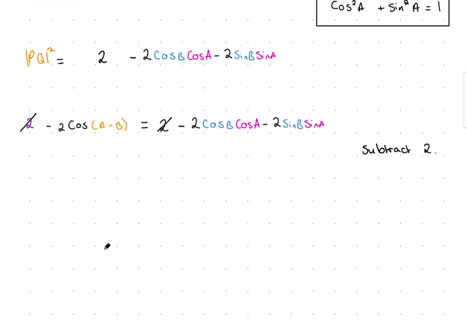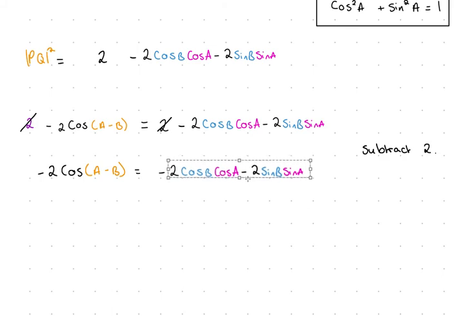What I'll be left with when I've done that then is minus 2 cos of A minus B, that's going to be equal to minus 2 cos B cos A. So I'm going to be left with this part. Now, we're really close to the end here. What I need to do next is I need to get rid of that minus 2, and it's the whole way across.